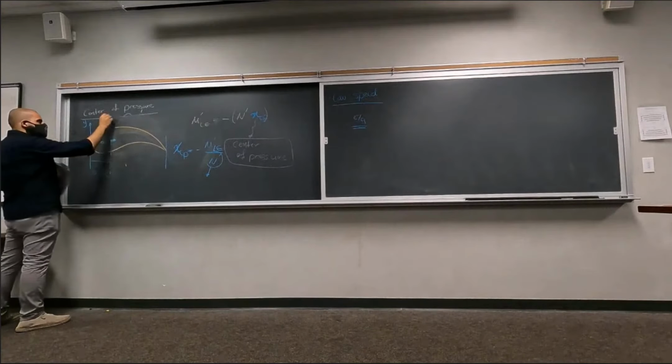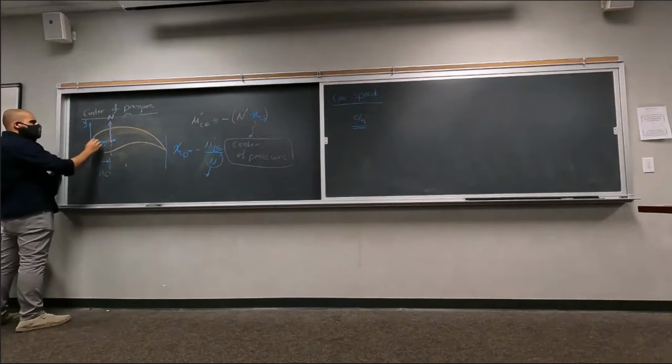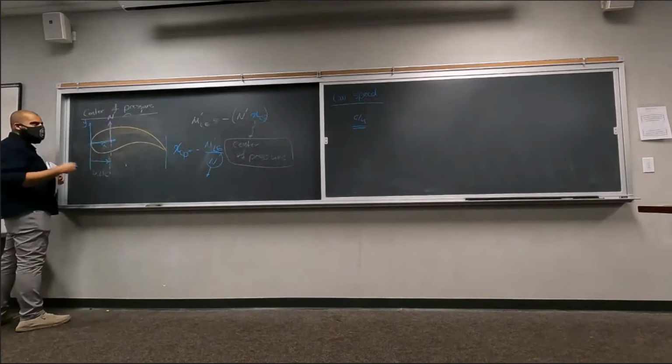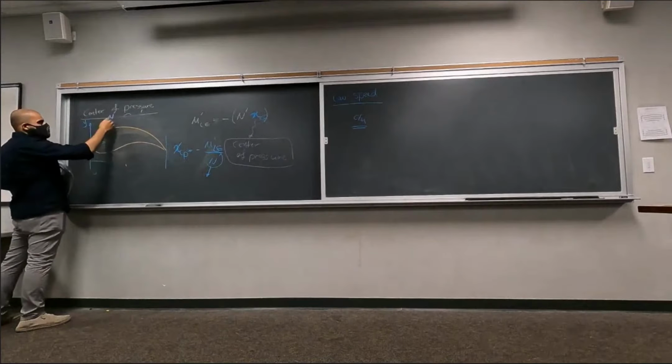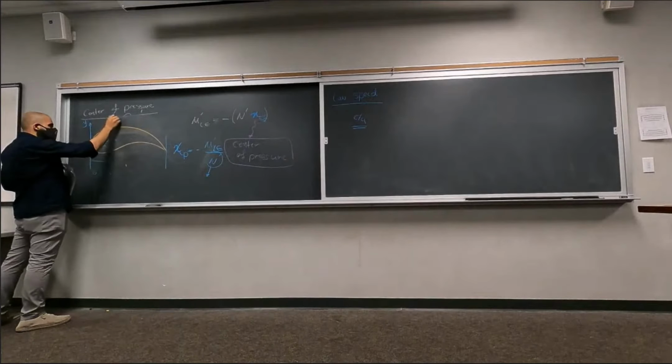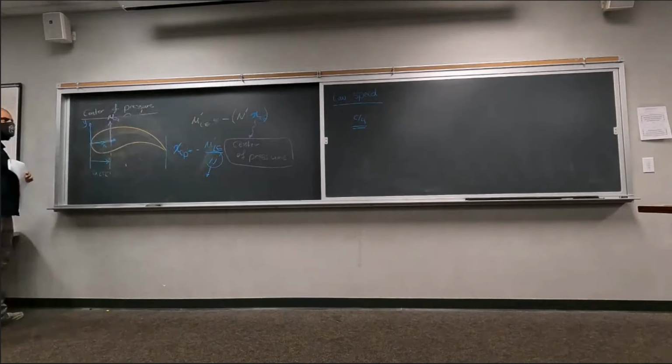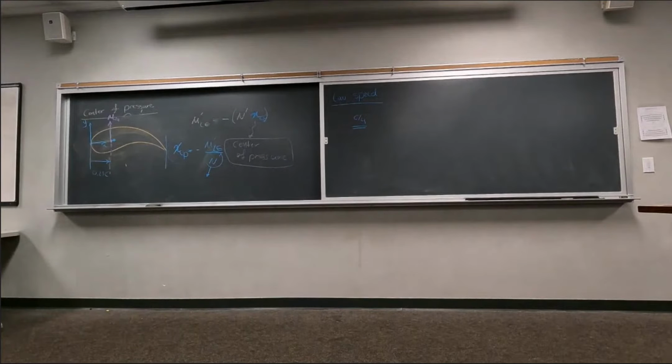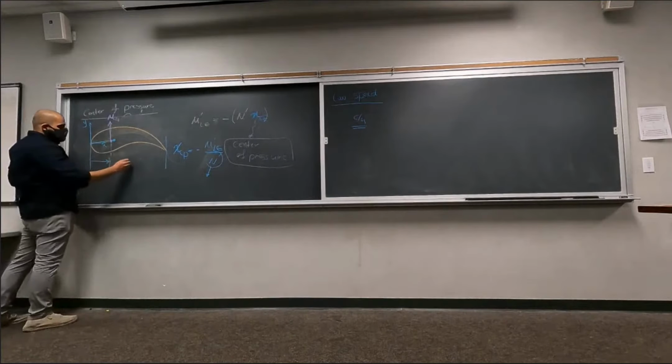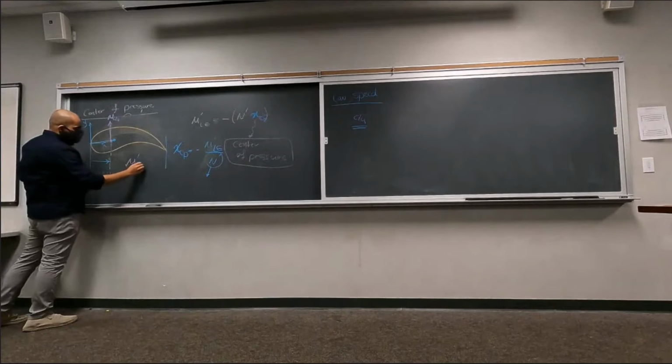The only force that is going to generate any moment on the leading edge is going to be n prime, right? Based on definition, let's call this n prime of quarter chord, C over 4. And let's call the moment that generates n prime of C over 4.